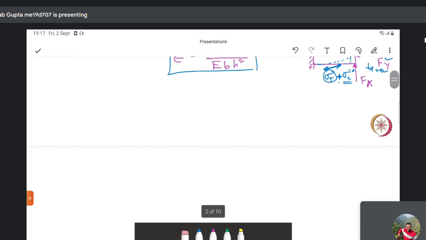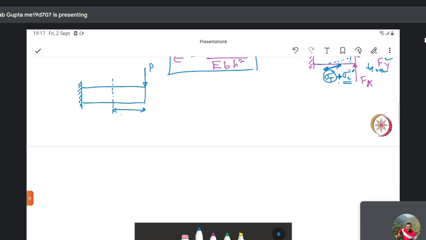If we remember correctly, say this was my cantilever beam and this is your force P at a distance L. This is the line and this is your neutral plane. So your stress distribution will be somewhat like this.